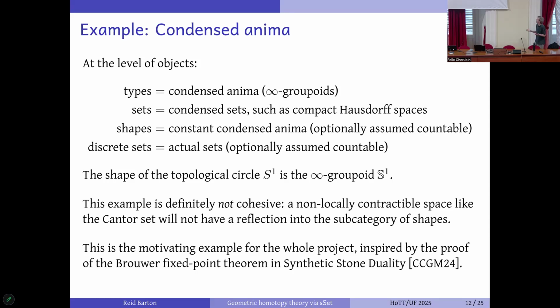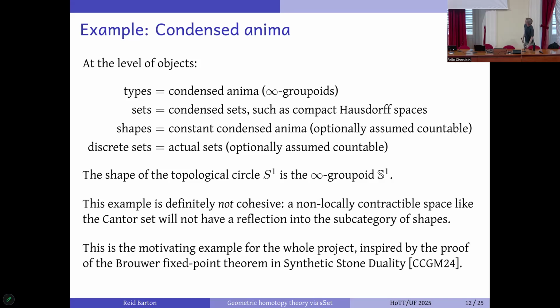And among the condensed sets are ordinary compact Hausdorff spaces, like the ordinary unit circle and the complex numbers. For the shapes, I want to take the constant condensed anima, so they have no existence in this compact Hausdorff direction. They're just constant as sheaves. And the discrete ones are just the actual sets, which also live as a full subcategory of condensed anima.